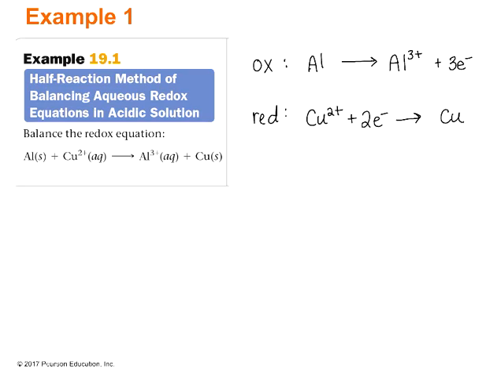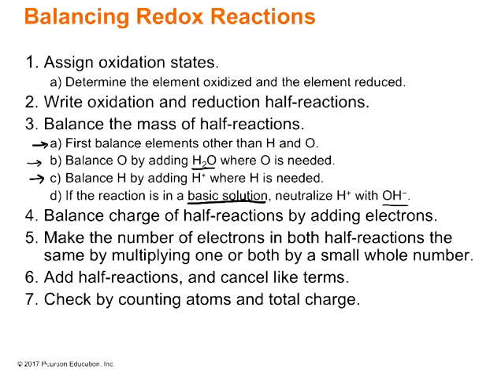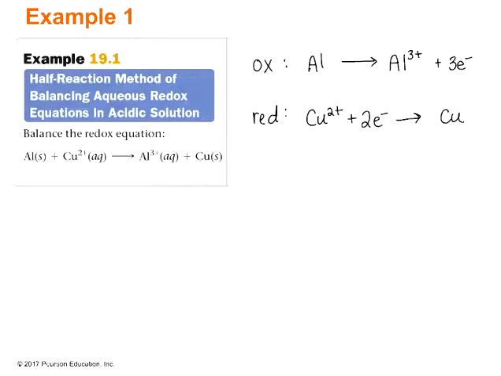Okay, so now let's go back to our steps. Step 5, make the number of electrons in both half reactions the same by multiplying one or both half reactions by a small whole number. So if we want these two reactions to have the same number of electrons, in our oxidation reaction we have 3 electrons.